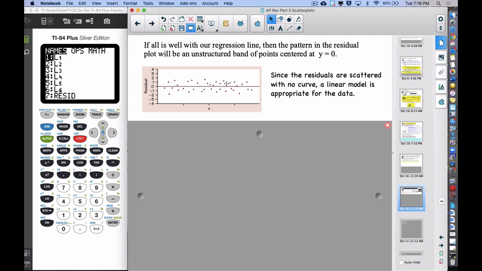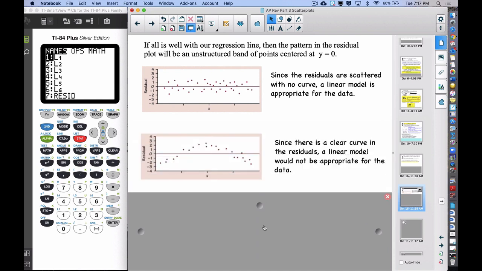We would say, since the residuals are scattered with no curve, a linear model is appropriate for the data. That's one of the main ways we use residual plots, is to decide if a linear model is the correct model for our original data. On the other hand, if you see something like this in the residual plot, there's clearly a curve. So we would say, since there's a clear curve in the residuals, a linear model would not be appropriate for the original data.